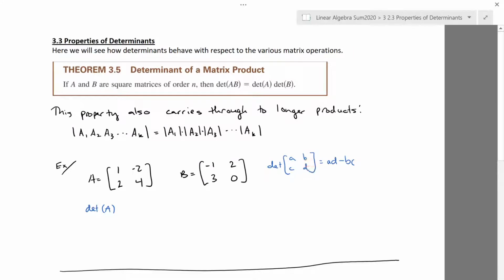So the determinant of A would be 1 times 4, which is 4, minus a negative 4. So that's 8. What is the determinant of B? 0 minus 6 is negative 6. Multiplying together, the determinant of A times the determinant of B gives me negative 48. That's calculating the right side of this equation.